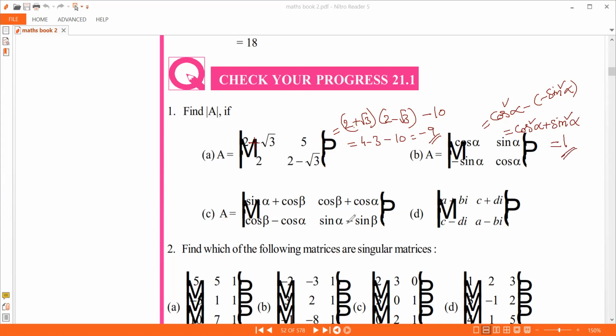Now, sine alpha plus cos beta into sine alpha minus sine beta. This is really a hard problem. Okay, this will do. Sine alpha plus cos beta, cos alpha plus cos beta. Okay, let me write it down.